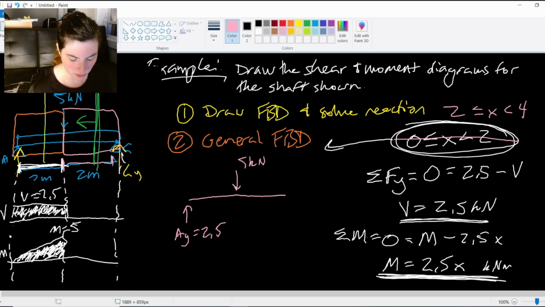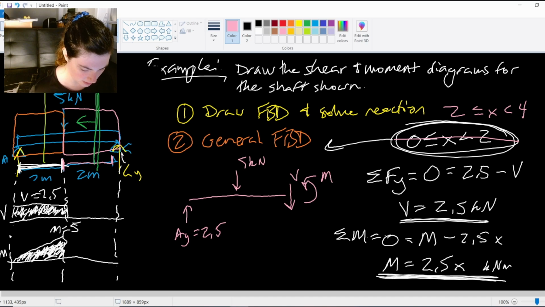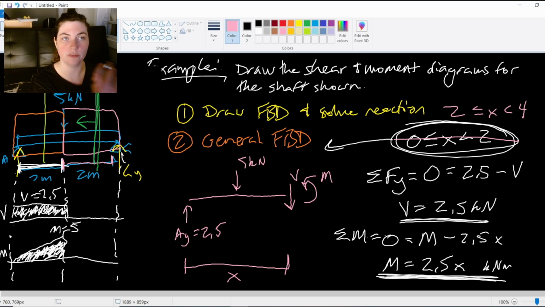So my AY is included, that 5 kilonewton applied force is included, and then I have that cut in there. So this is my V. Here's my moment. And now this whole distance is x. This full distance all the way from A to this internal cut that I'm making, that whole distance is x.